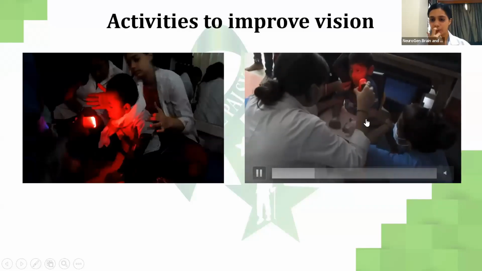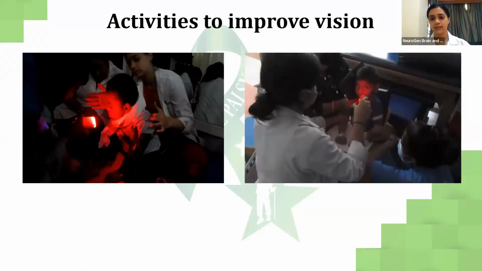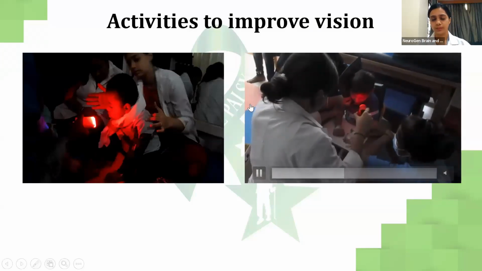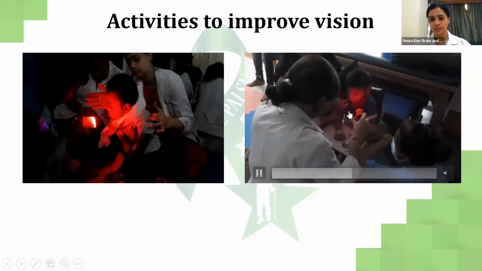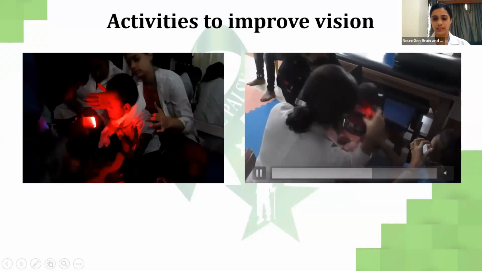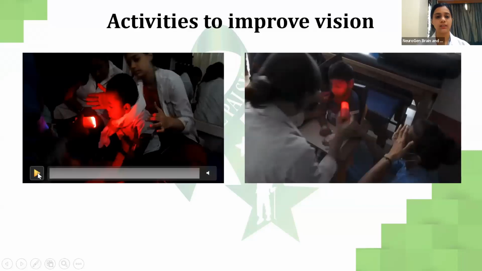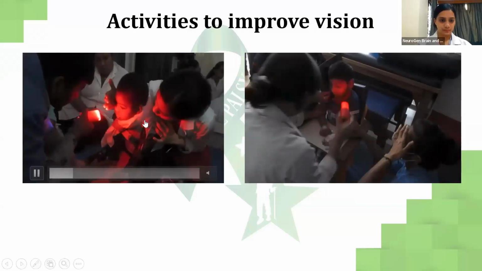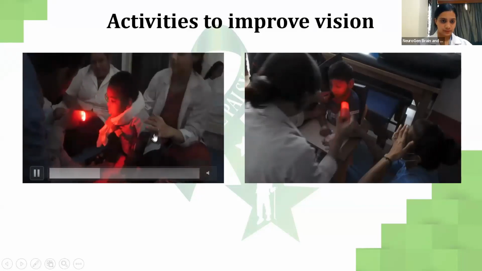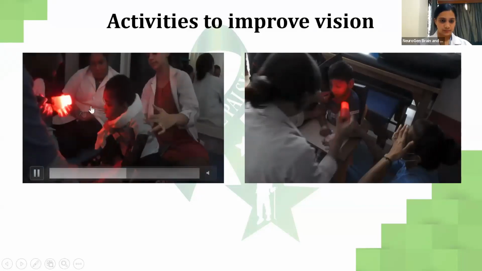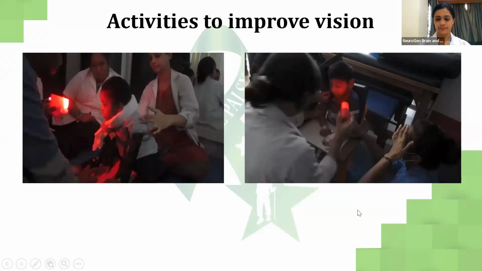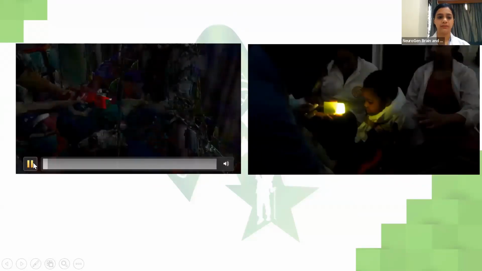If you see, I want him to track that red light, but he has strabismus. Initially they will not like it. The therapy needs to be very consistent. These are all vision therapy.